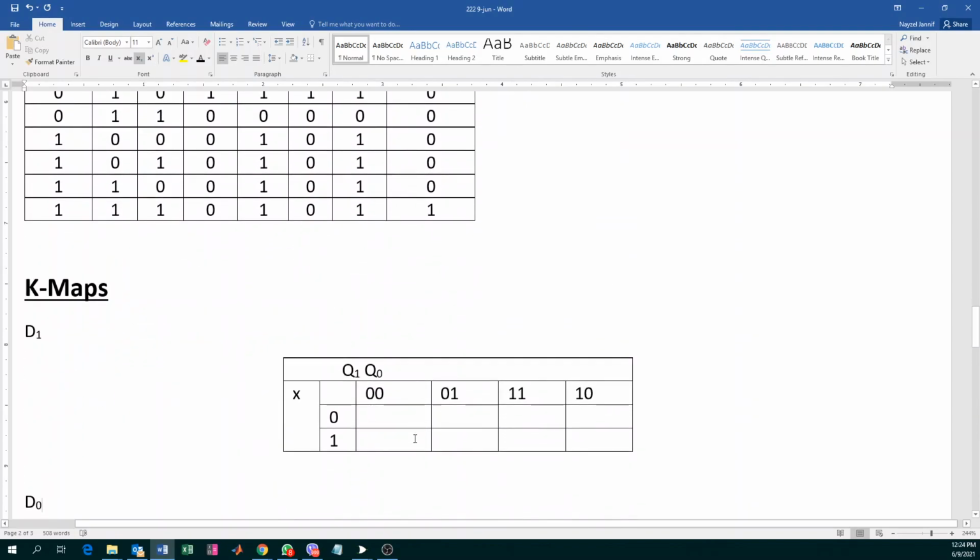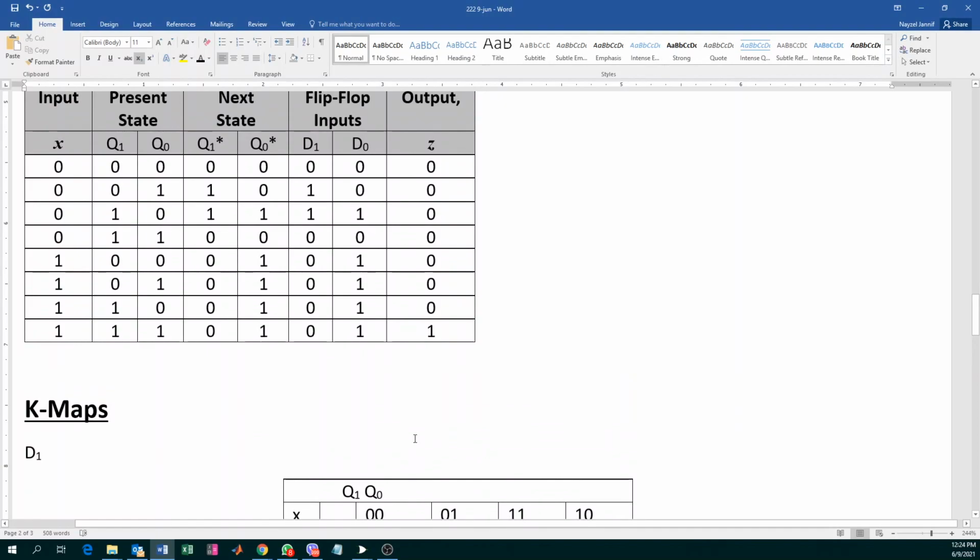All right, guys, help me out over here. Okay, what do we get? For Q1 and Q0, 0, 0, right? We have to basically go through the D1 column, okay? And you guys are probably doing a larger set of problems in your projects.